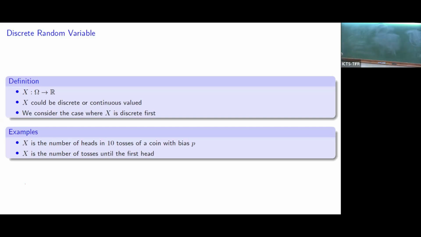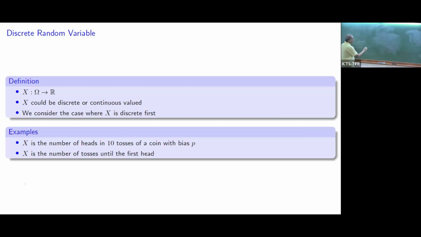In fact, there are 2 raised to 10 possible such sequences that you can have as the outcome of this random experiment. You are doing something 10 times, and each time there are 2 possible things that can happen, so the total number of outcomes is 2 raised to 10.